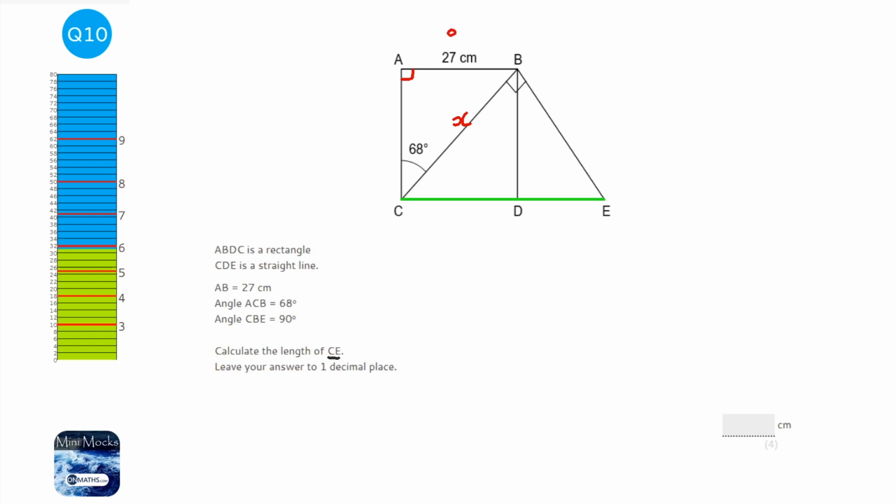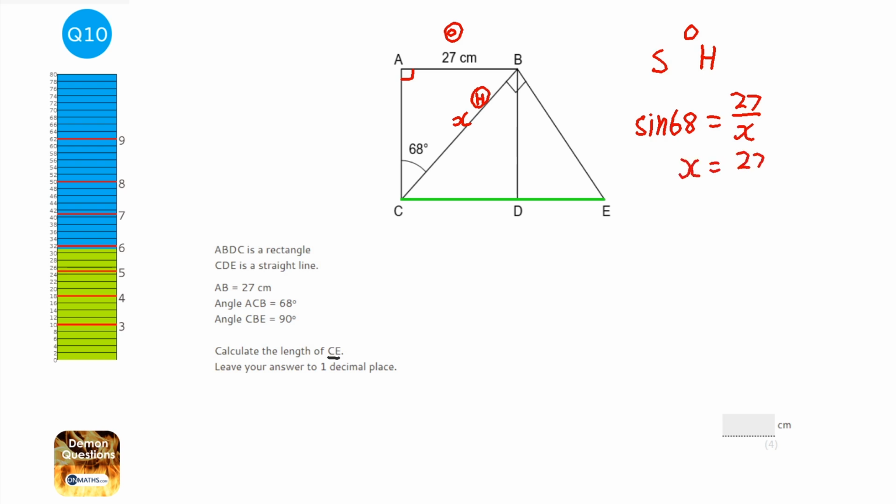So we've got opposite and we've got the hypotenuse, so we're going to use sine, so SOH, so it's going to be sine 68 equals 27 over x, and I'm going to times both sides by x and divide both sides by sine 68, so that gives me x equals 27 over sine 68.